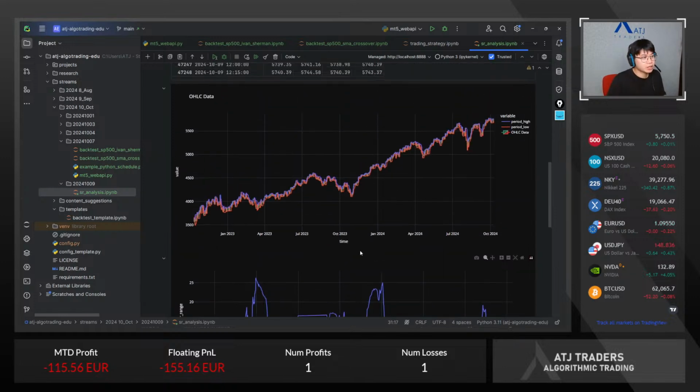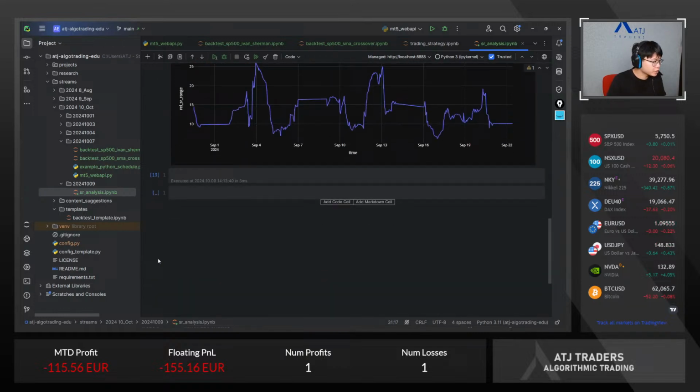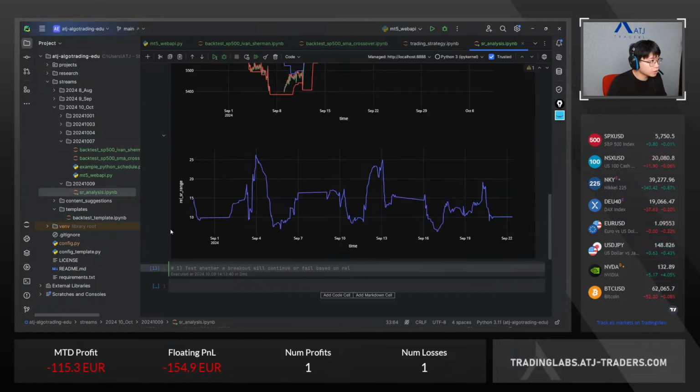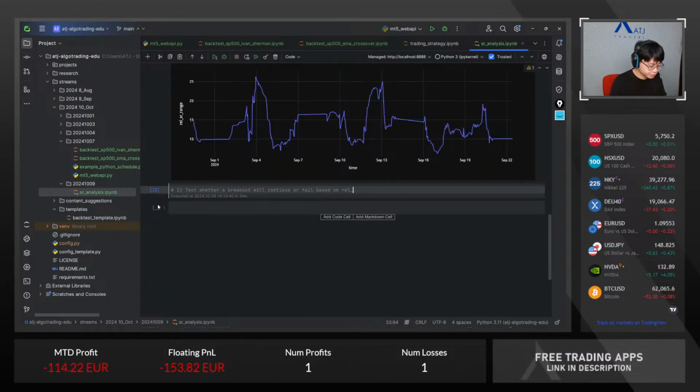So I think we can start with this, and maybe I just write it down because I have again so many ideas. So here, test whether a breakout will continue or fail based on relative SR range.